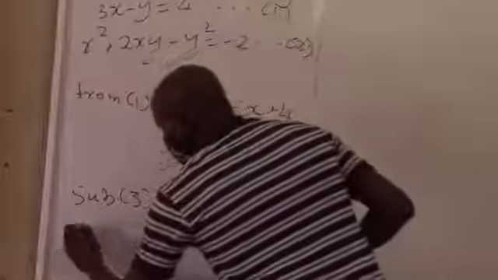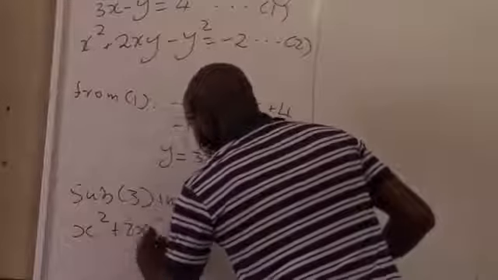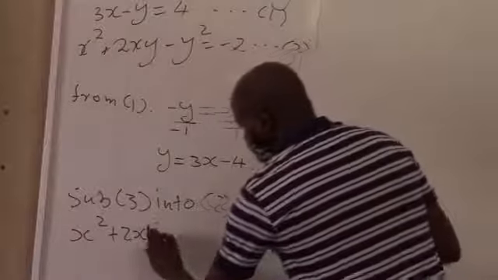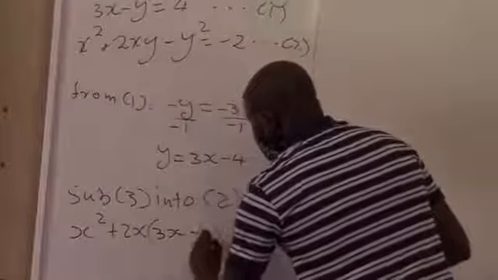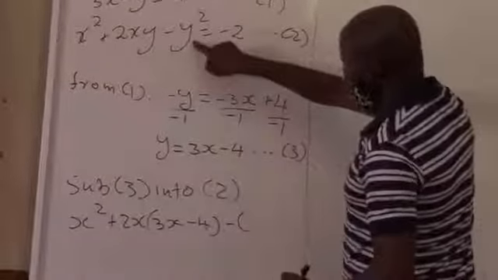So we have x squared plus 2x times (3x minus 4), minus (3x minus 4) squared, because it was supposed to be y squared.